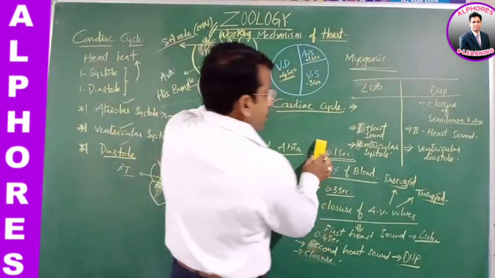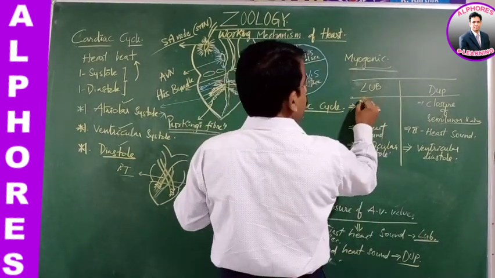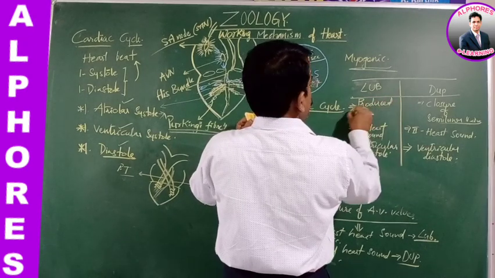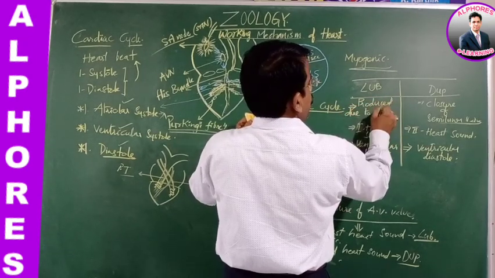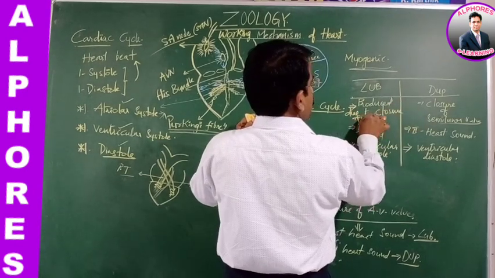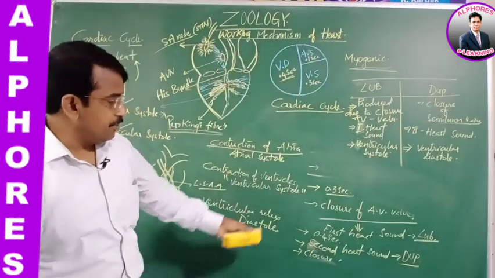Next, apart from that, we do discuss the lub is produced due to closure of AV valves. I repeat, already we discussed.